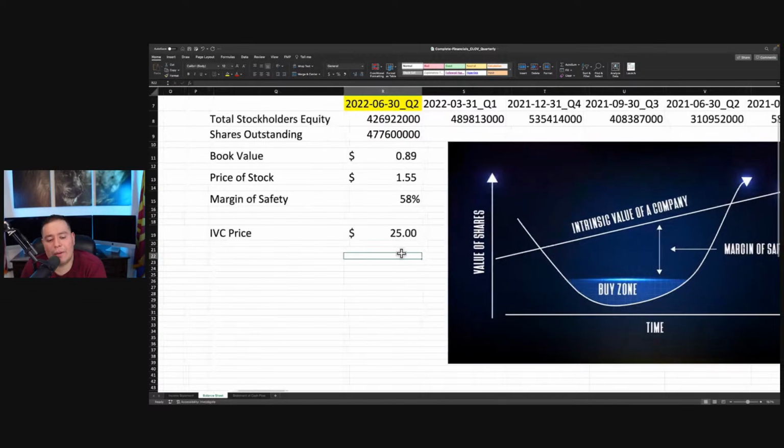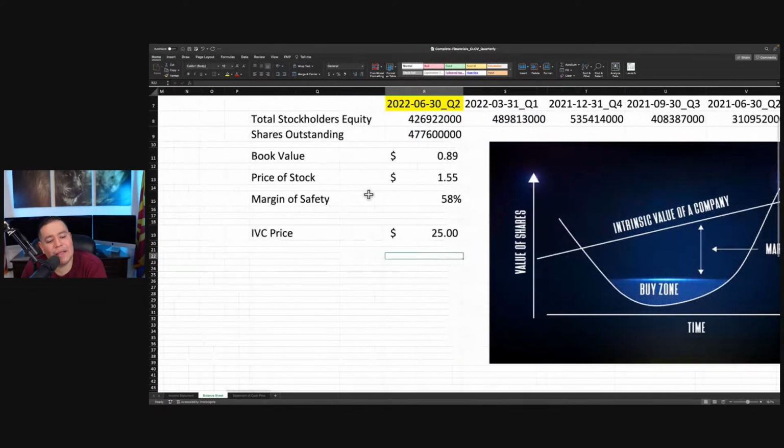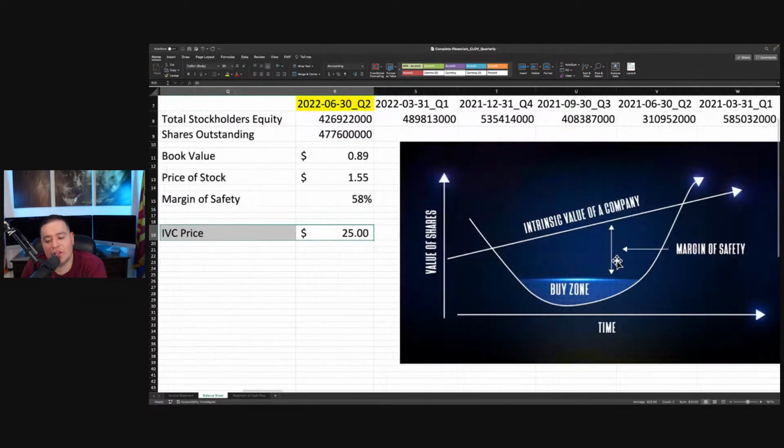The point is that we take the price of the stock and the IVC price, and you can see how low it is from the intrinsic value. You don't really have to calculate the percentage here. The larger this is, here's your margin of safety. We calculated the value of Clover to be $25, and down here is the price of the stock right now.